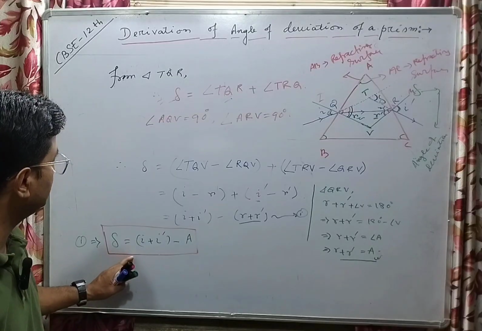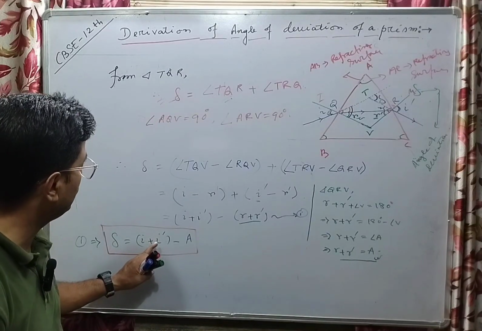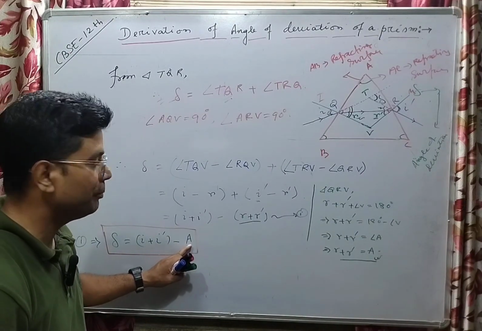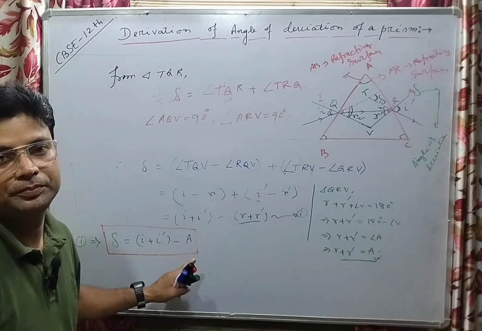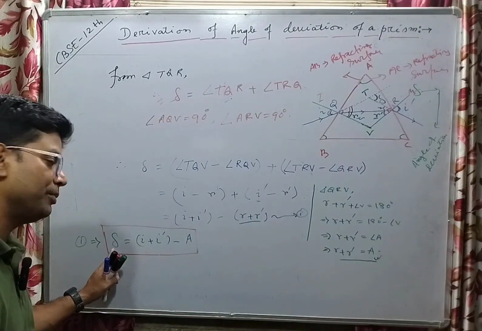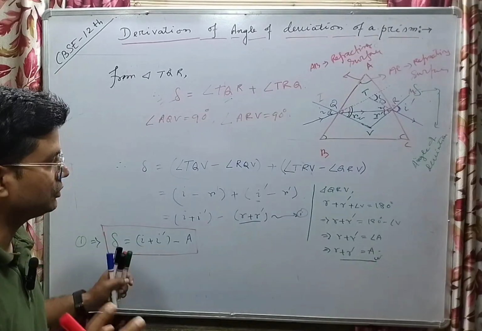It means angle of deviation is equal to angle of incidence plus angle of emergence minus angle of the prism. Thus you will have the value of the angle of deviation. Clear, students?